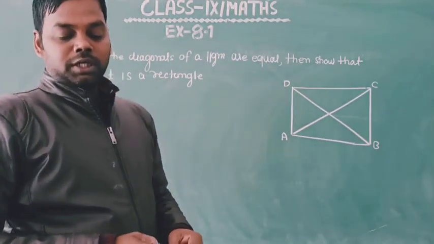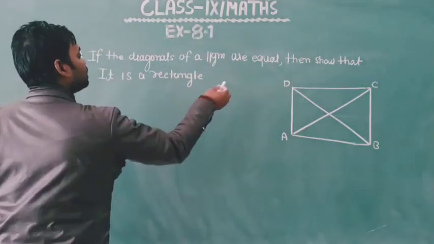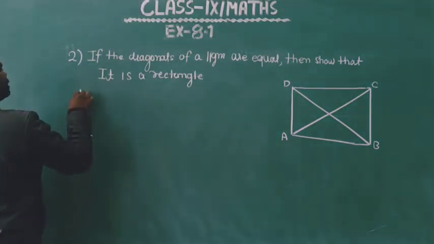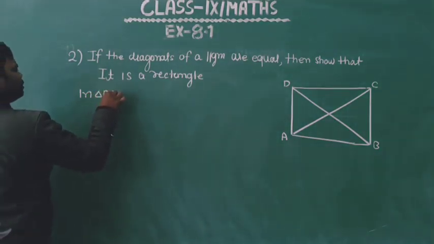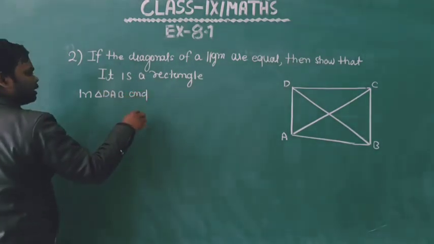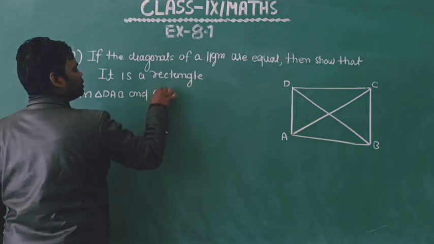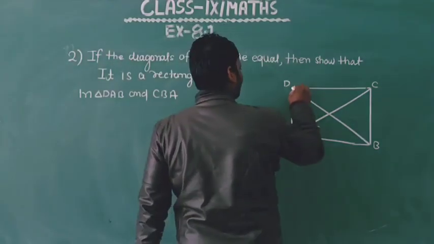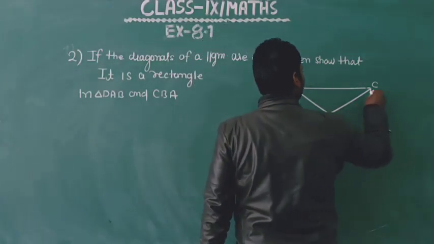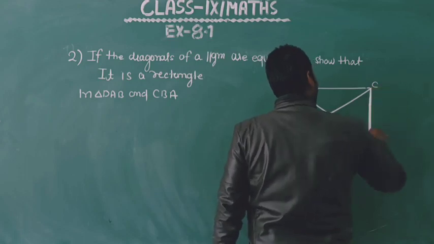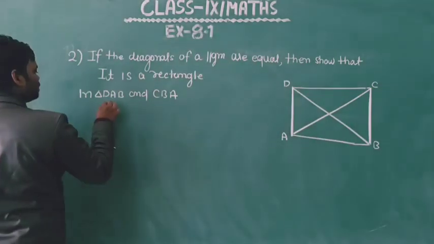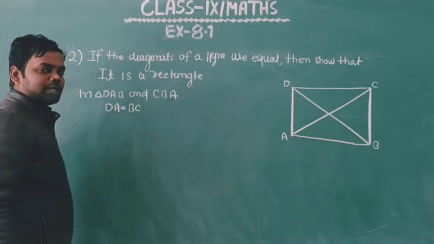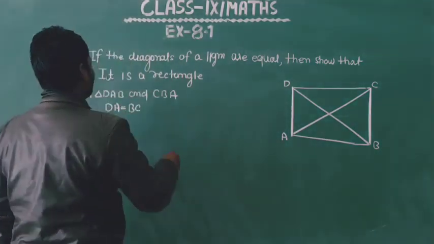So let us consider triangles DAB and CBA. We have DA equal to BC, because opposite sides of a parallelogram are equal.